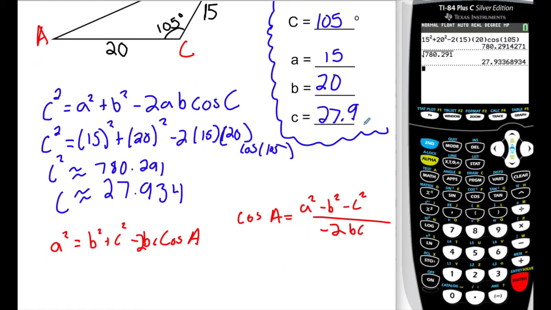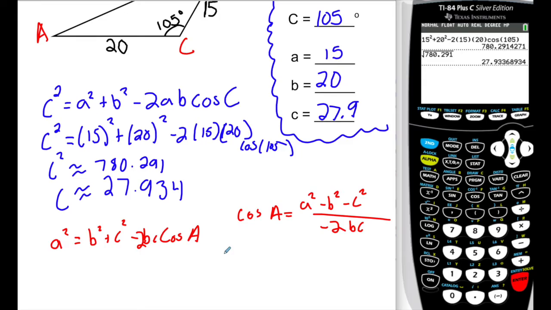Okay, so this is where the 27.934 comes in. So what we're going to do is, we know the cosine of A in this particular case is 15 squared minus 20 squared minus 27.934 squared, over negative 2BC.